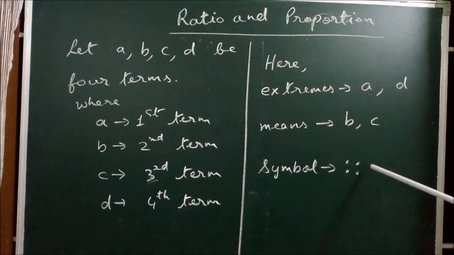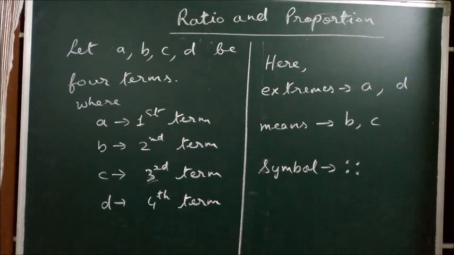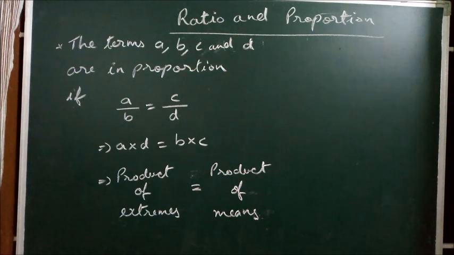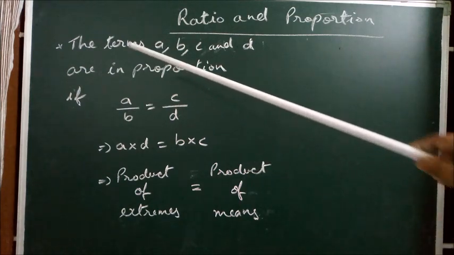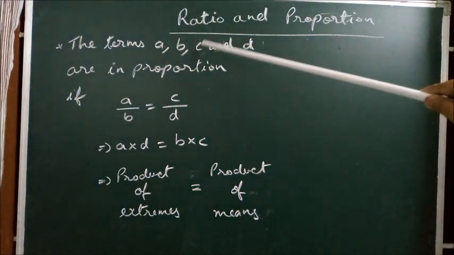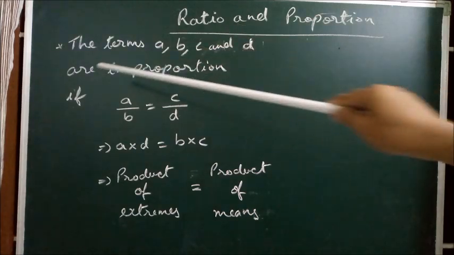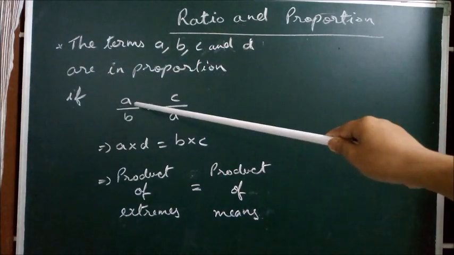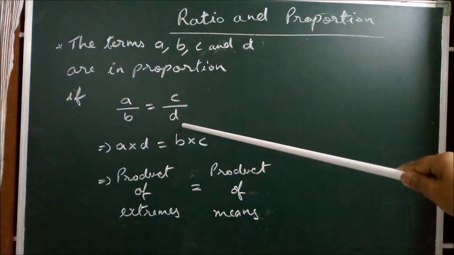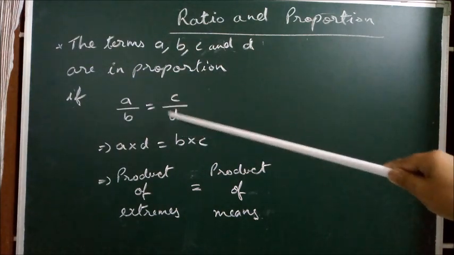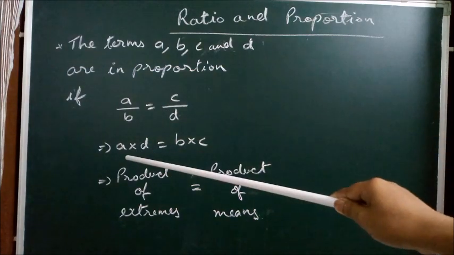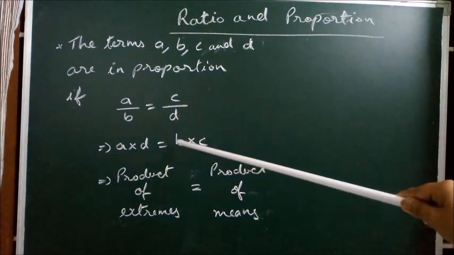The terms A, B, C and D are in proportion if A by B equals C by D. Then we cross multiply, and in the next step we get A into D equals B into C.